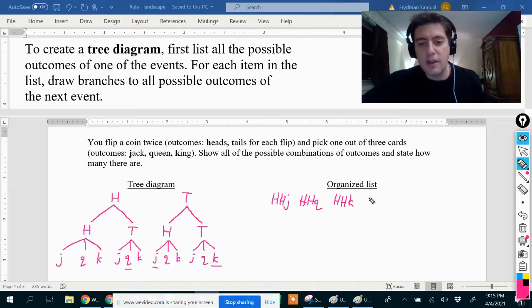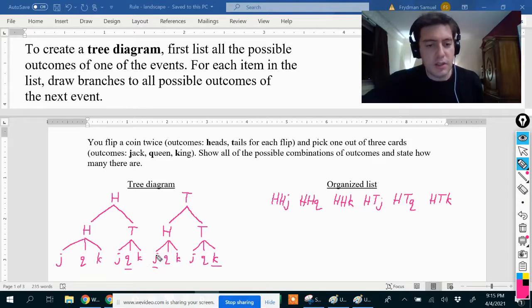Heads, tails, jack. Heads, tails, queen. Heads, tails, king. Tails, heads, jack. Tails, heads, queen.